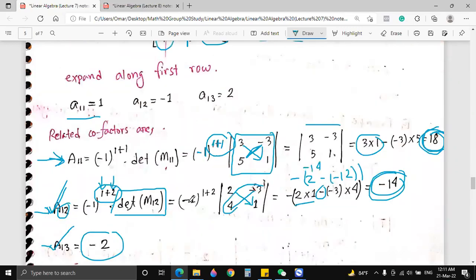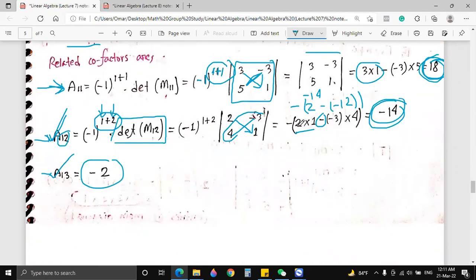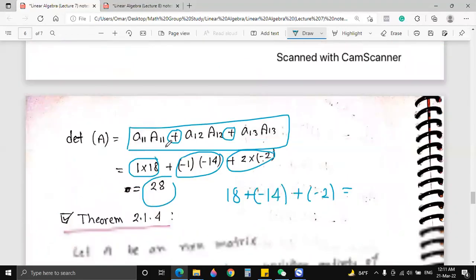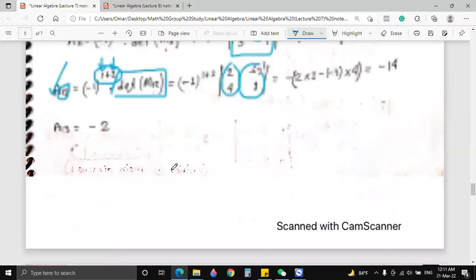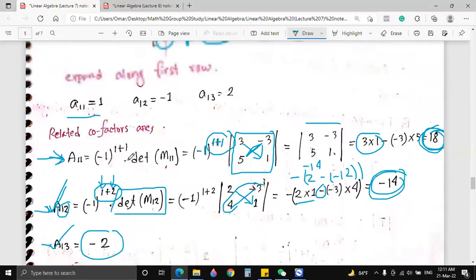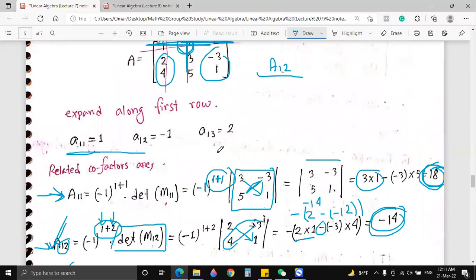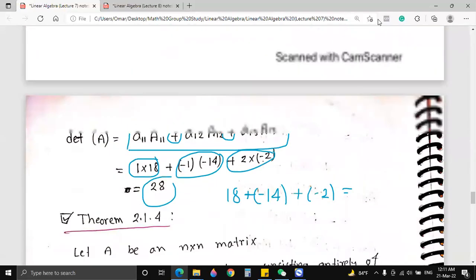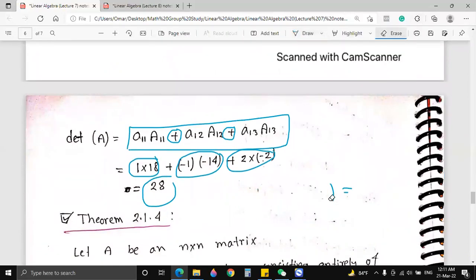Okay, this was minus 1 to the power, that means a11 into capital A11. So you see here this value, before adding them, this is the formula.